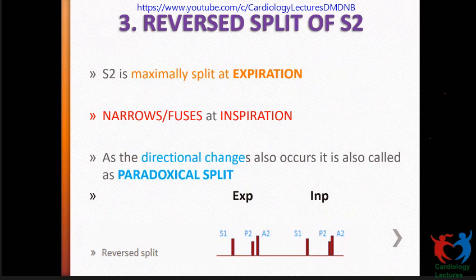You understood? So you're comparing across areas. S1 in mitral is loudest, A2 in aortic is loudest. To say either of them is loud, you compare across the area, and then if you feel this is loud, then A2 will be louder. Okay, that is how you tell A2 louder.